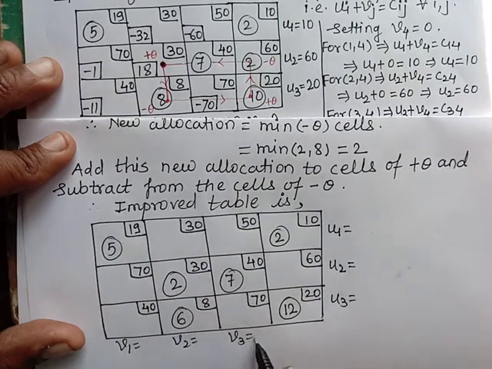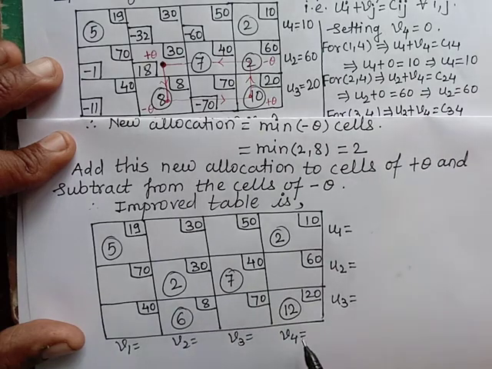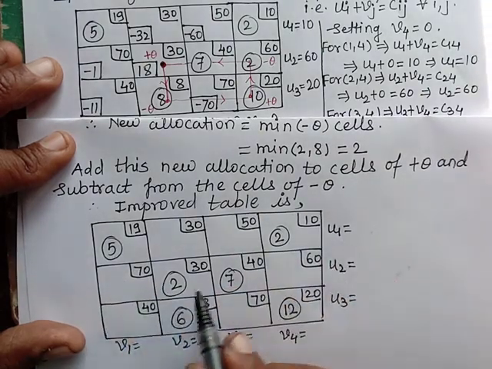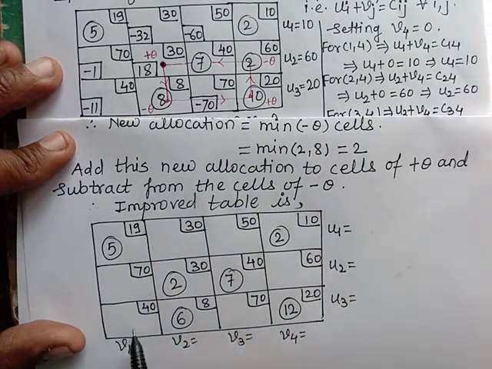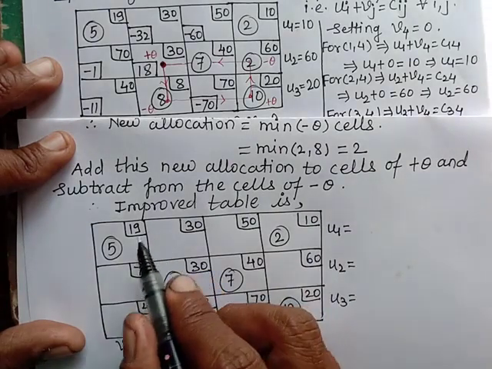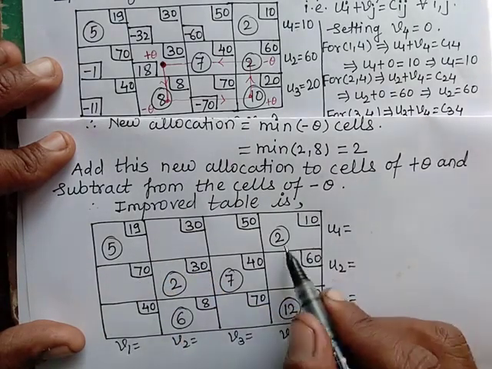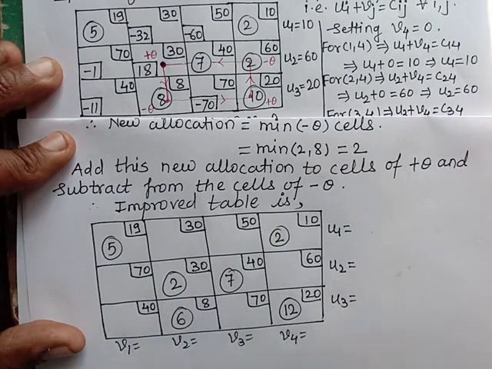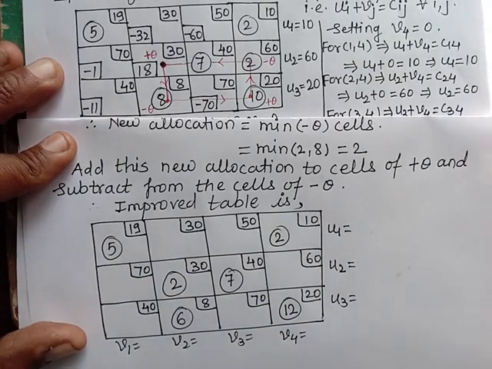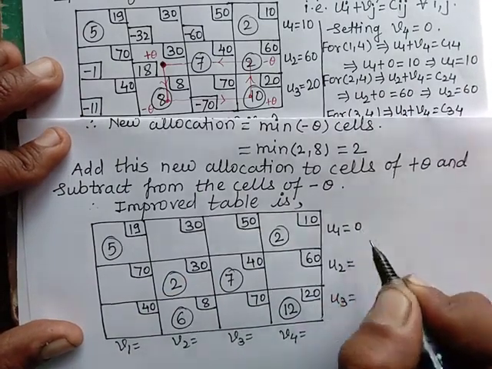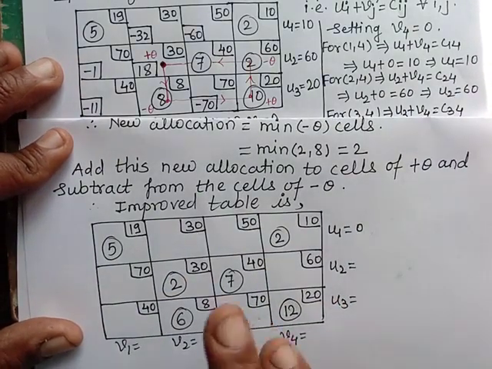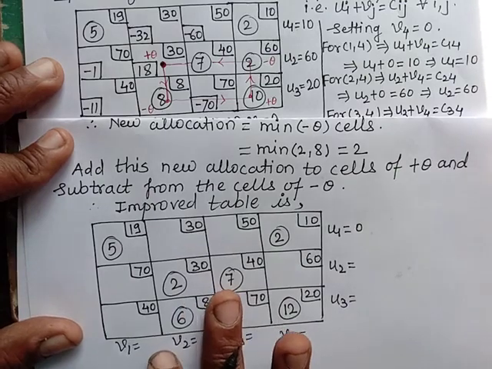v3 and v4. Now here this first row has two allocations, second has 2 allocations, third has 2 allocations. Now this column has 2 allocations, this column also has 2 allocations. So it's your arbitrary choice, you can take one of them as 0. So if I am taking u1 as 0, now let me tell you how to do these calculations in short.